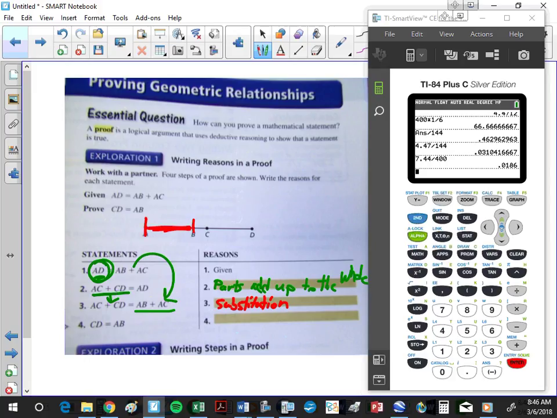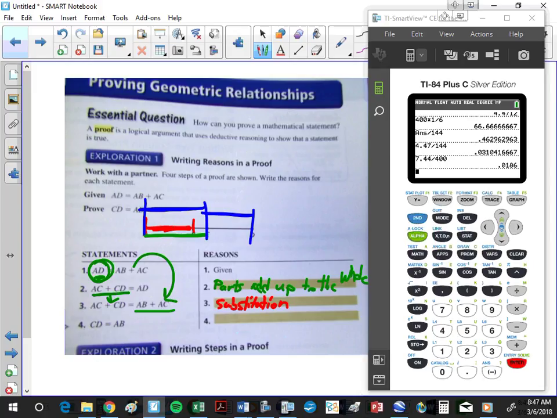So that right there plus that right there equals the whole distance. Okay, that was given. And then I said that this right here and this right here also equals the whole distance. Agreed?